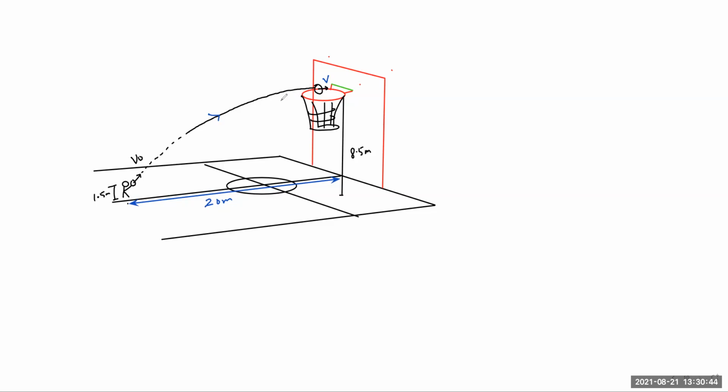Okay, maybe they should give velocity. They may ask you angle theta, or maybe not. I think that's not required because time is given and all. So we can find v naught easily, right? You can directly find the velocity v naught.